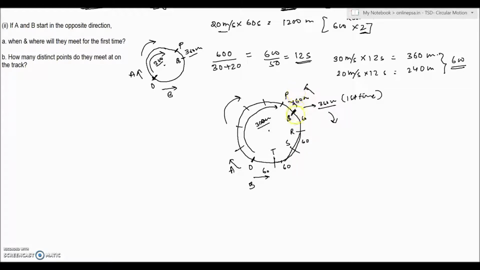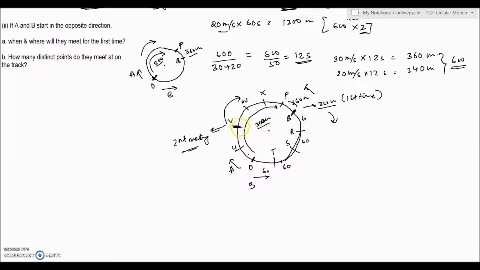So they will meet at this point. Let us name it V, their second meeting point.